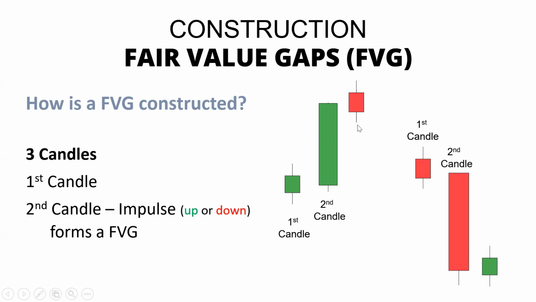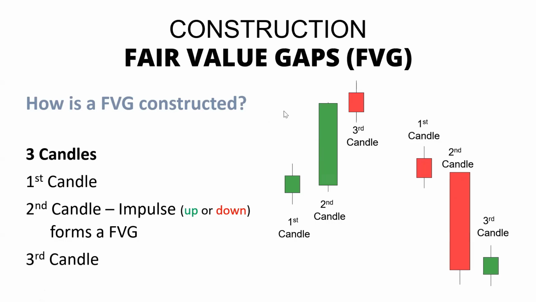And the second candle over here, which is a bearish fair value gap, is a bearish or down impulse candle. And then we have the third candle, which is next to the impulse candle. So the bullish fair value gap, third candle is this one here. And the third candle with the bearish fair value gap is this one here.